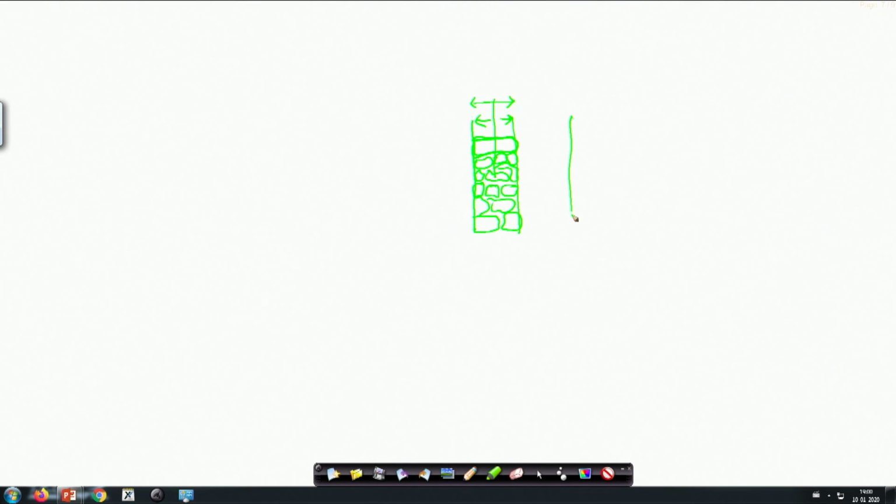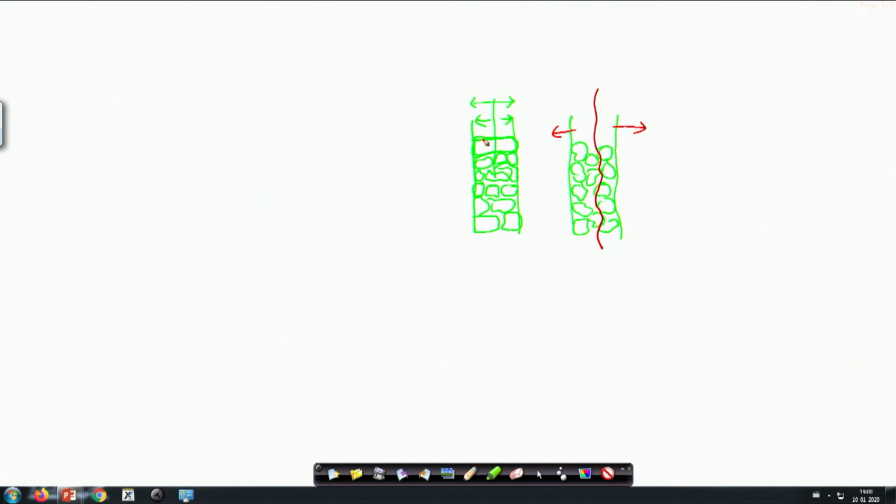So, if you had something like this only, like small stones together forming the wall, a wall may rupture this way. So, this can move apart this way due to any kind of lateral force or lateral movement.